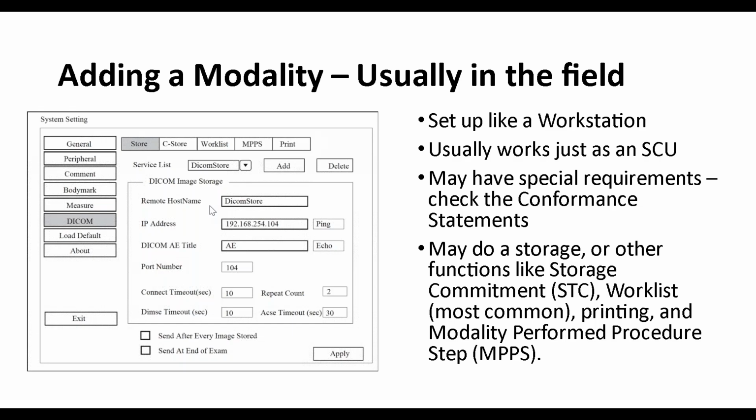Now, I mentioned storage commitment. I mentioned here also in this slide, MPPS. There's a lot of other settings that you're going to find important, and really all the ones up top here are what's important. Most of the storage here is just going to be a simple store. They may have just a simple machine that you dump it to, but then they might have something called storage commitment.